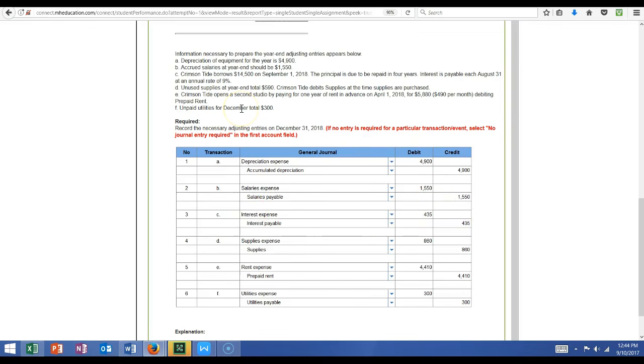D, unused supplies at year end total $590. Crimson Tide debits supplies at the time supplies are purchased. So let's see what's going on here.